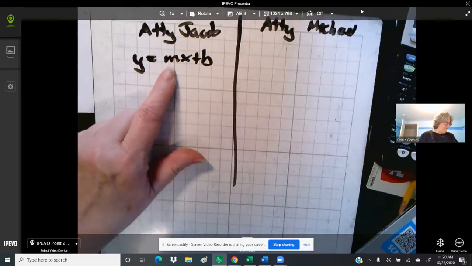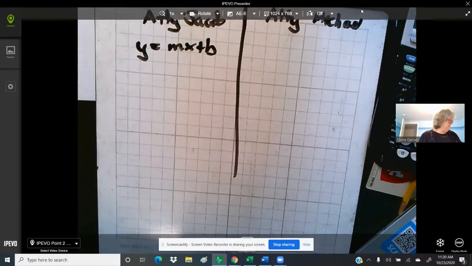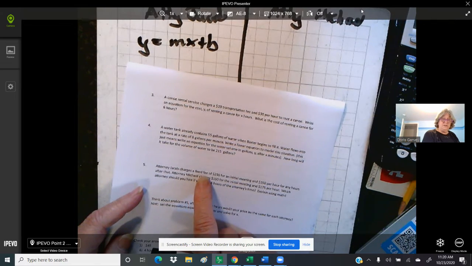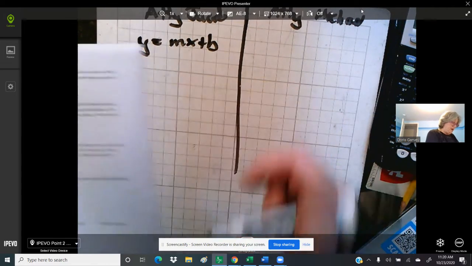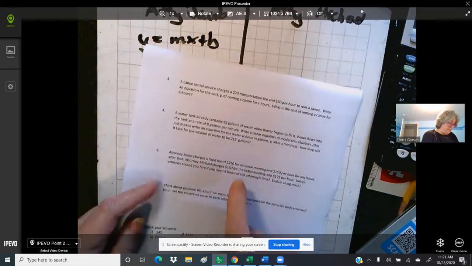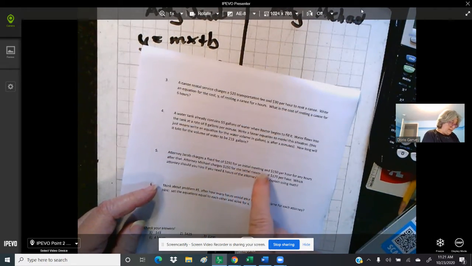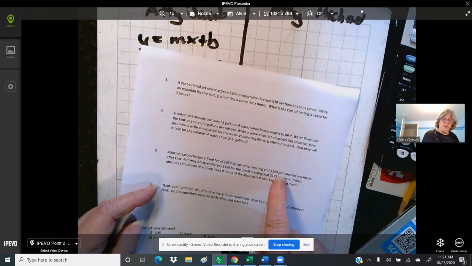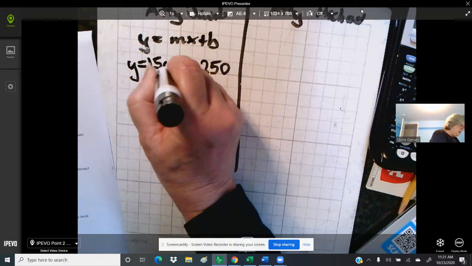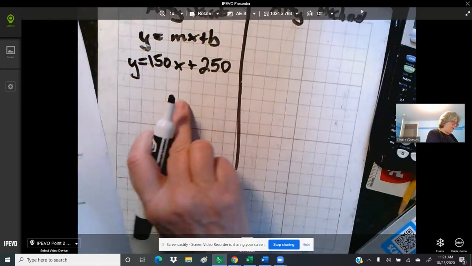Let's look for the rate and for the constant. Attorney Jacob charges a fixed fee, so that doesn't change, of $250. So I know my b value here is going to be $250 for an initial meeting, and $150 per hour. There's my rate. So now I have an equation for attorney Jacob.